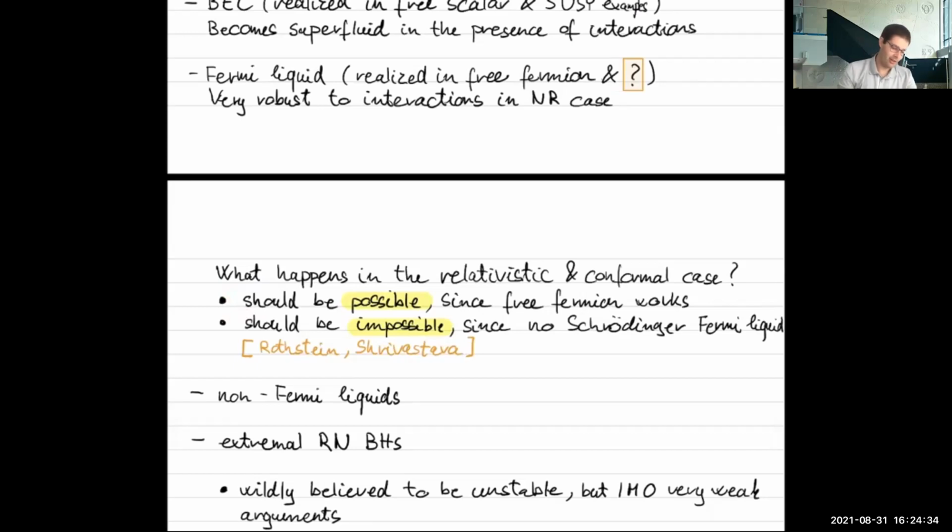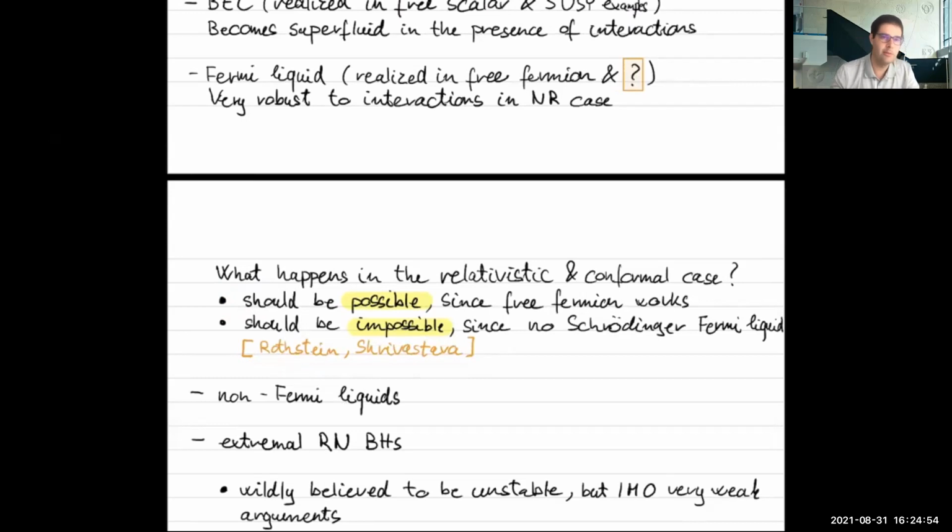On the other hand, there's a very nice series of work by Rothstein and Srivastava, where they show that Fermi liquids are actually impossible in a very analogous situation, which is non-relativistic conformal.